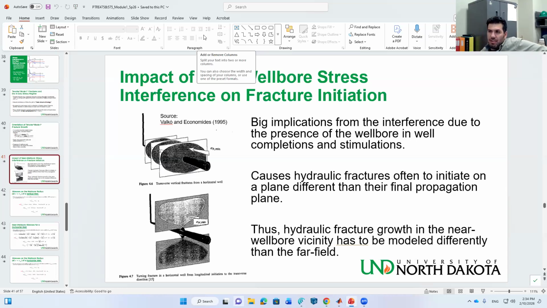Many stages will end as a screen out. You end up in a situation where the proppant bridges and you cannot overcome it. You are applying a lot of pressure at the surface, as much as you can pump, but you don't transmit that pressure downhole.